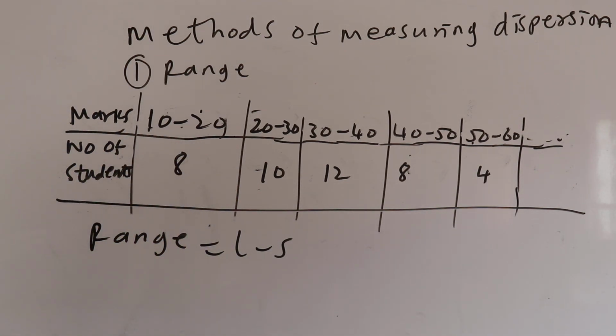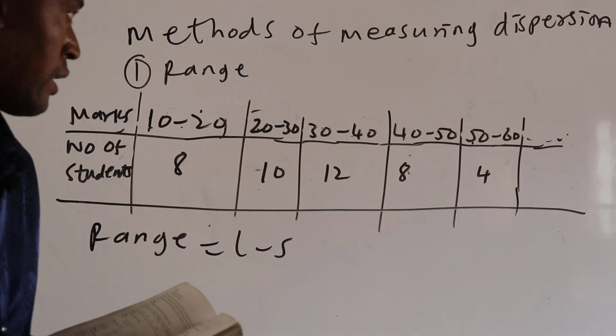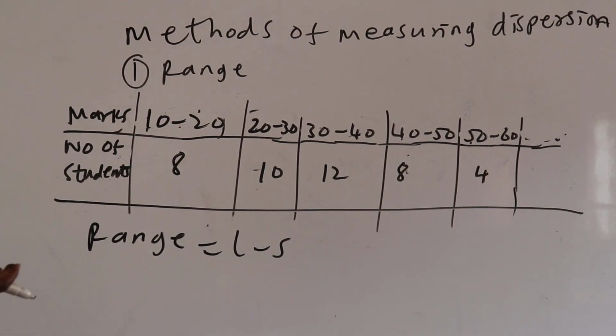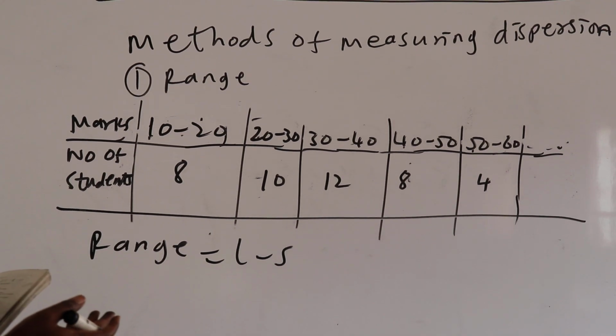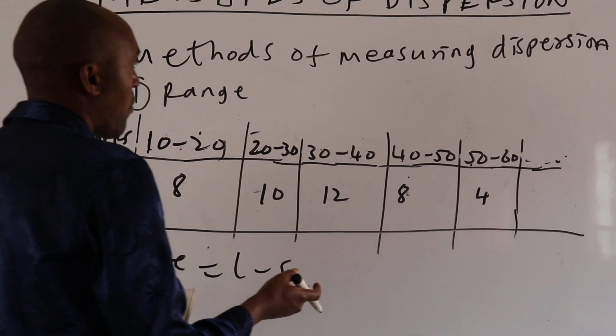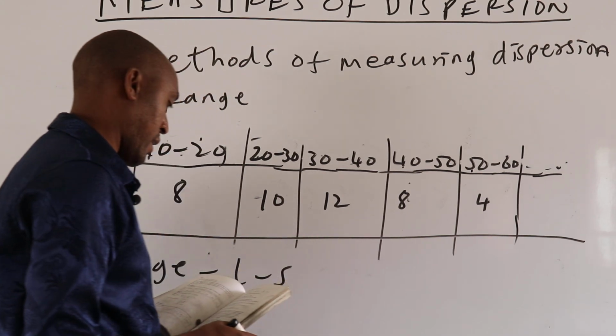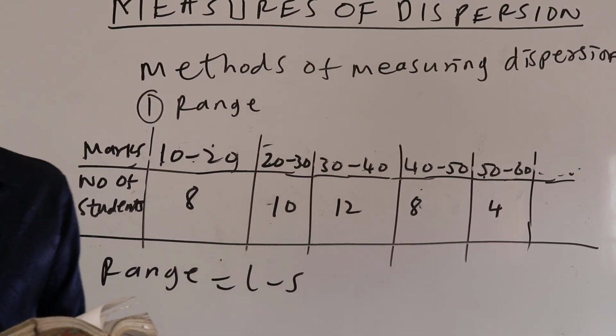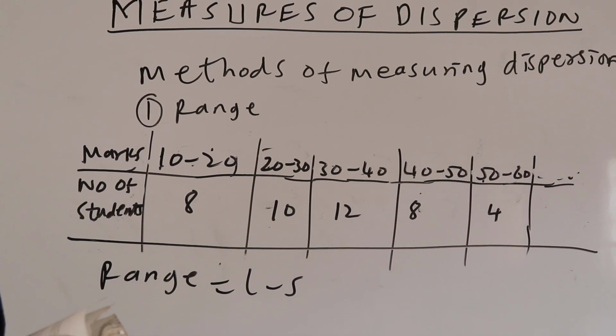The lowest number of students scored 4, those who scored between 50 to 60. So calculate that and give the answer.